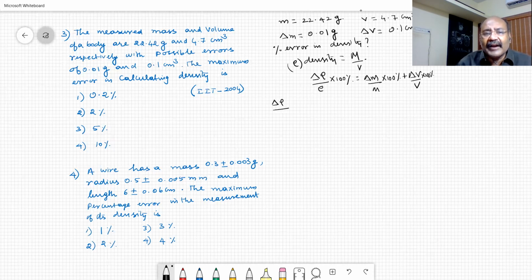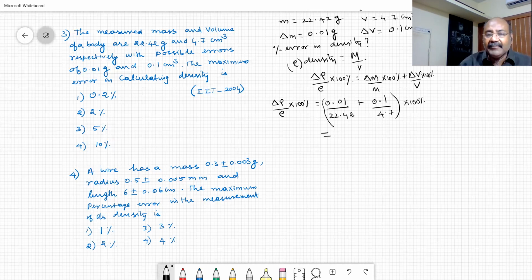Delta M is 0.01 divided by 22.42, plus, taking 100% common, delta V is 0.1 divided by V, which is 4.7, into 100%. So simplify, you will get the answer.